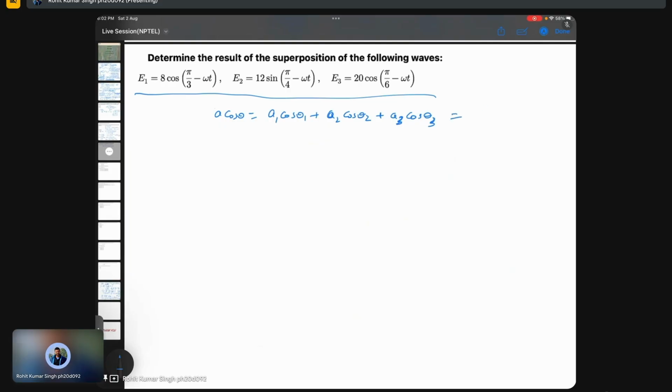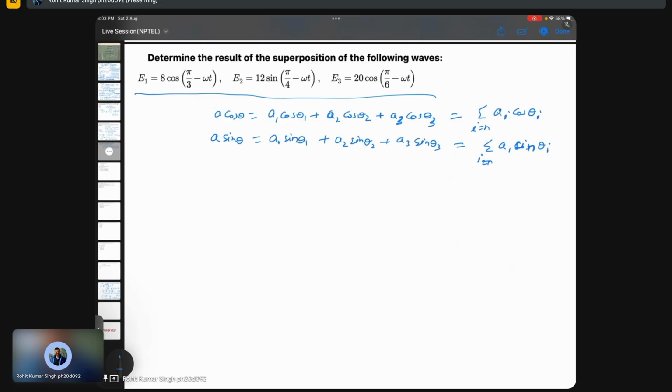If you have n number of waves, you can write it in summation form, summation of Ai cos theta i, and we have the second equation, which is A sin theta, which is A1 sin theta 1 plus A2 sin theta 2 plus A3 sin theta 3, which in summation form you can in general write like this, Ai sin theta i.